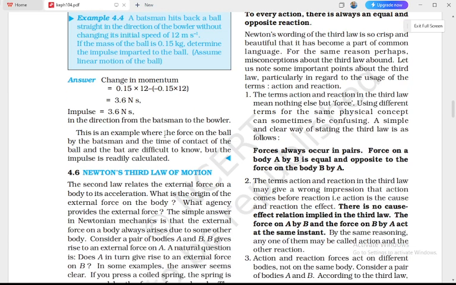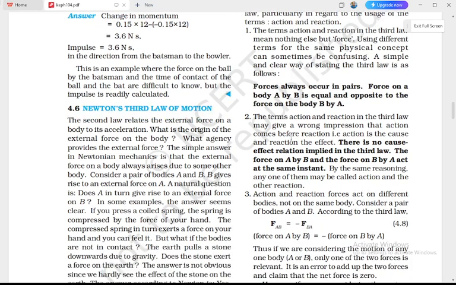The terms action and reaction in the third law mean nothing else but force. Using different terms for the same physical concept can sometimes be confusing. A simple and clear way of stating the third law is as follows. Forces always occur in pairs. Force on a body A by B is equal and opposite to the force on the body B by A.